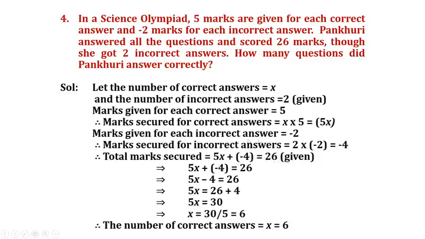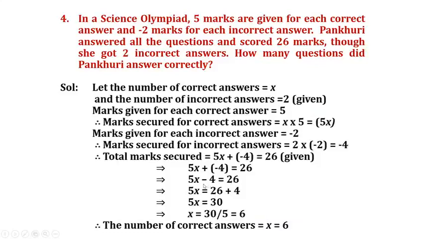Now we have to solve this equation, which is 5x plus of minus 4 is equal to 26. You can write it as 5x minus 4 because this is a bracket. You can multiply the signs here, plus into minus is minus. 5x minus 4 is equal to 26.